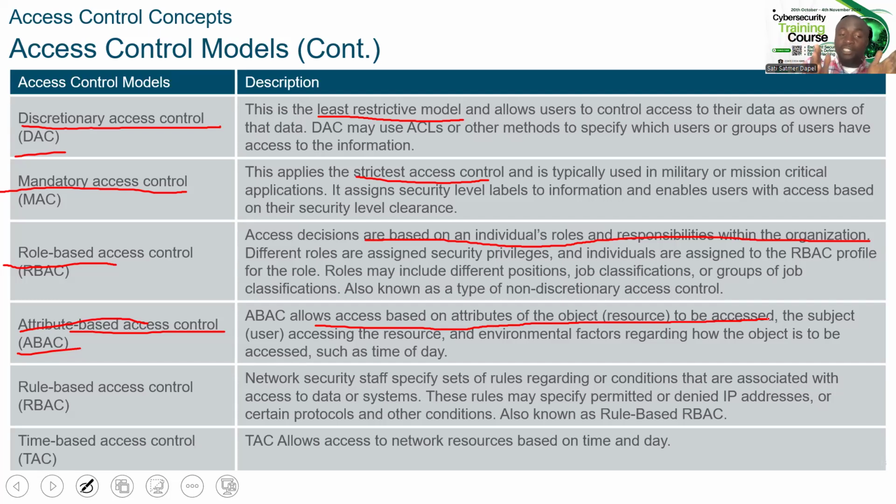But this one, the attribute-based, is concerned about when you can access it, or how long you are permitted to access it. You could say you can only access it between 8 a.m. to 4 p.m. Okay, you can access it within that. That's the attribute.